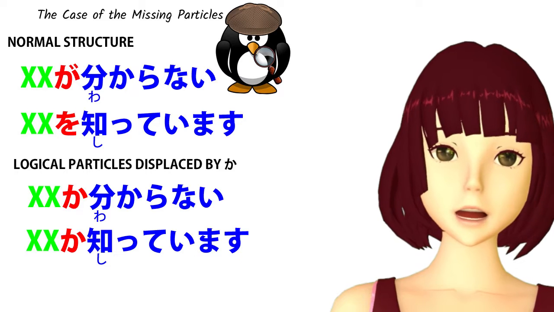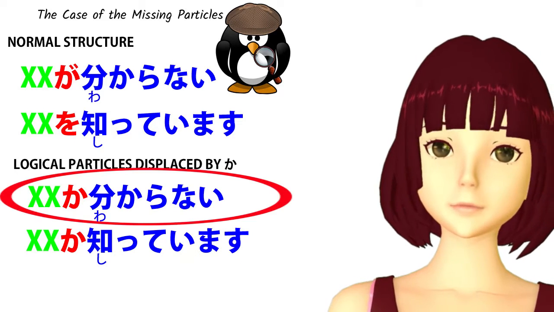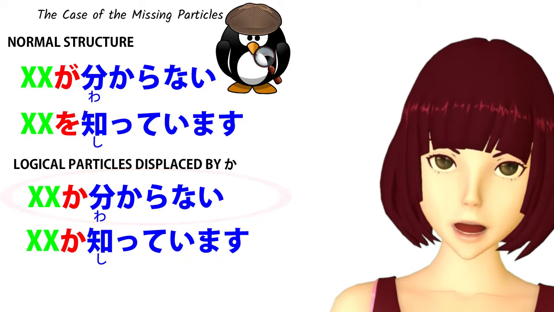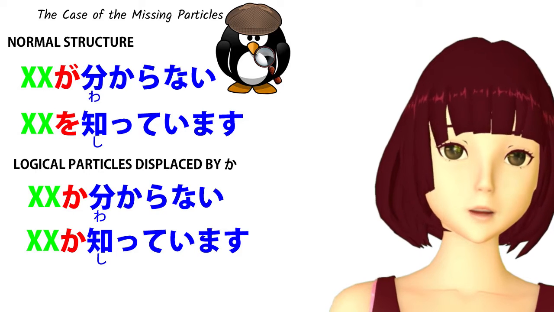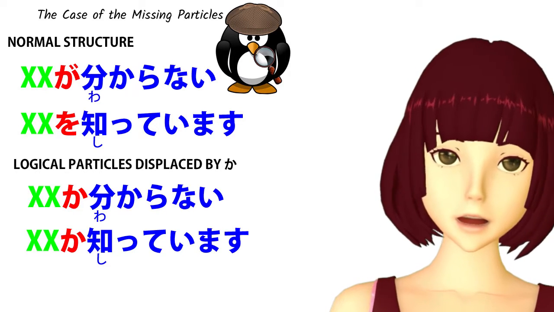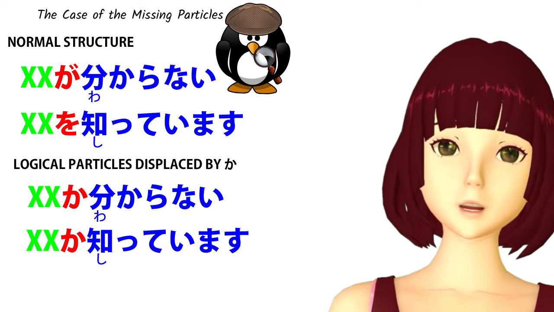So we say Sakura ga kuru ka wakaranai. Not Sakura ga kuru ka ga wakaranai. So Sakura ga kuru ka is a noun-like entity which, because it ends in ka, doesn't need to take the usual logical particle.